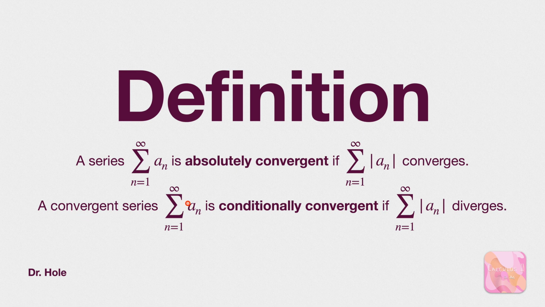On the other hand, if you have a series that does converge, but it only converges on the condition that you do not throw away the fact that it alternates, then that series is conditionally convergent. All right, so there are grades of convergence. And we'll term these AC and CC: AC for absolutely convergent and CC for conditionally convergent.